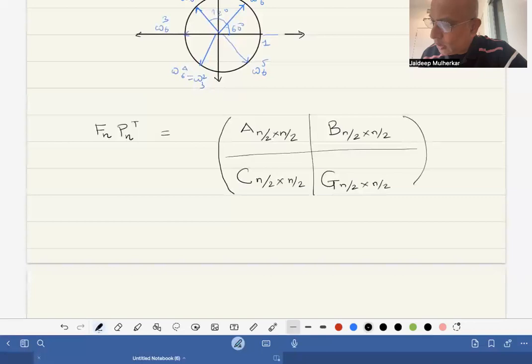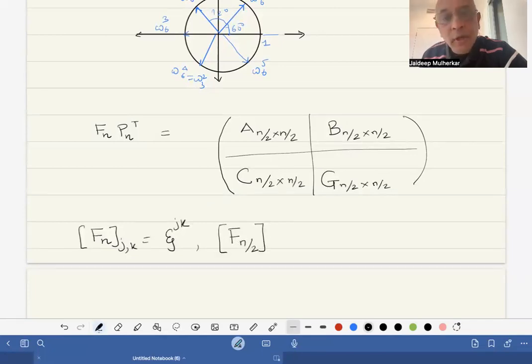Now, what we know is that the jkth element of Fn is eta to the jk. This we know from before. And as I mentioned, the jkth element of Fn over 2 is the square of the jkth element of Fn, so this is eta to the 2jk.